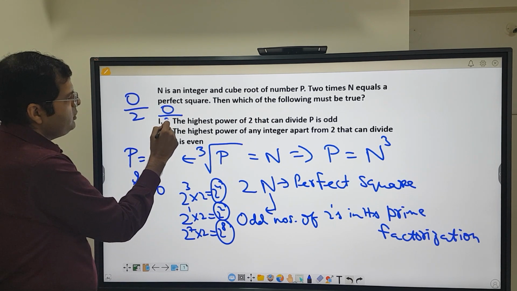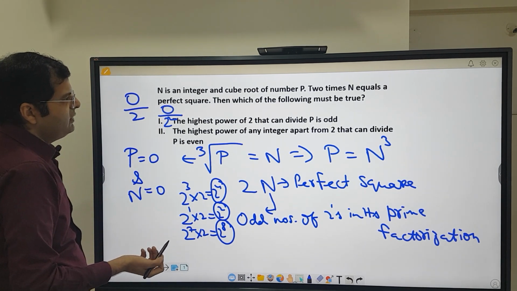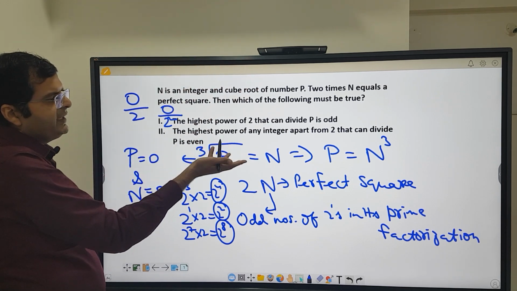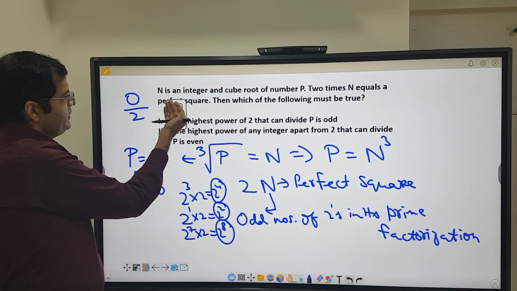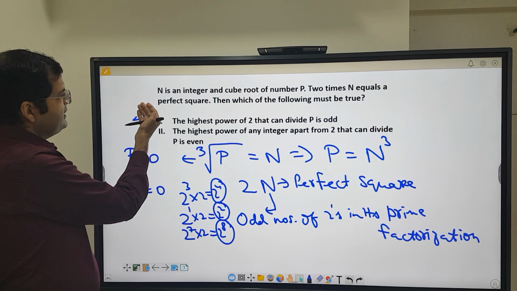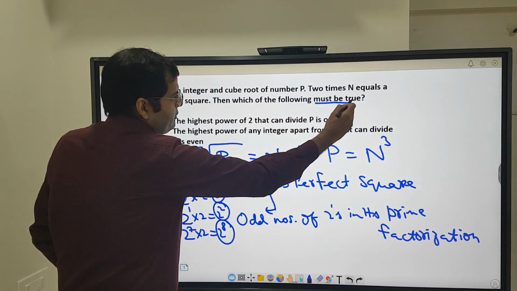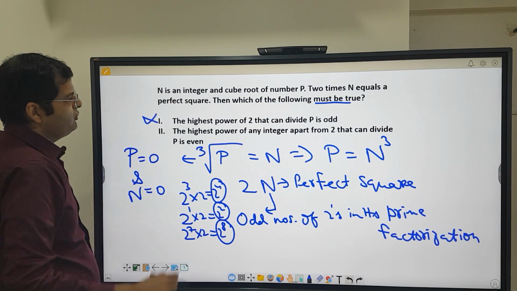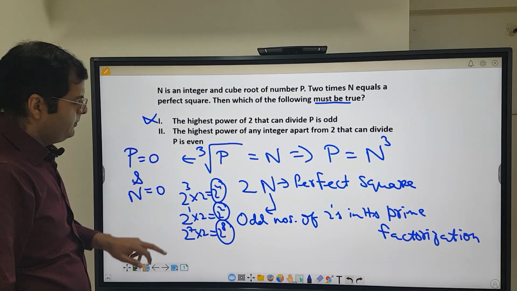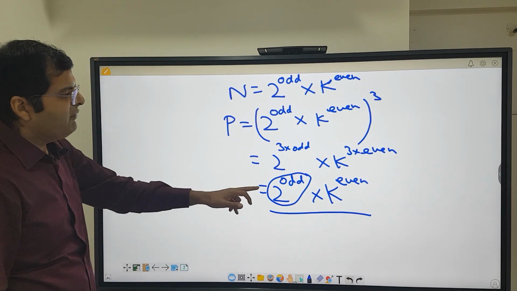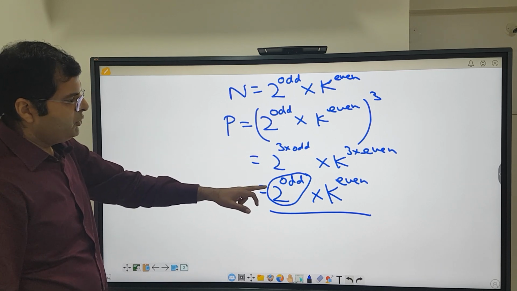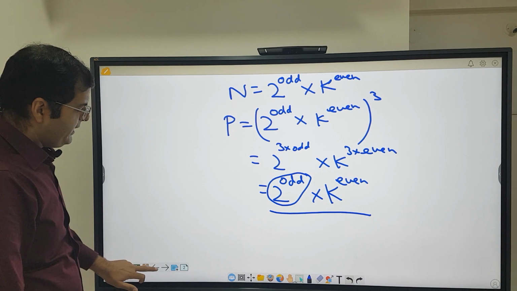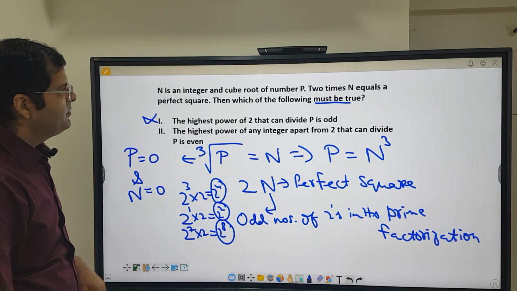If I have 0 upon 2 square, still the remainder is 0. So if p is 0, the highest power of 2 can be anything. Is this always true? Because it's saying must be true. No, this must-be-true is not guaranteed. The highest power of 2 that can divide p is odd in this case, but it can be anything when p is 0.